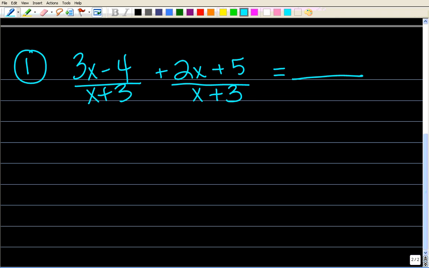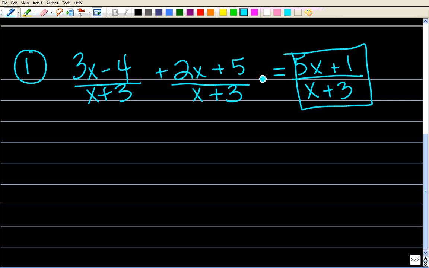So we have over, the denominator is x plus 3. We can add the numerators together: 3x plus 2x is 5x, and negative 4 plus 5 is 1. Then we can consider if this factors or reduces anymore, and it does not, so that would be the answer.